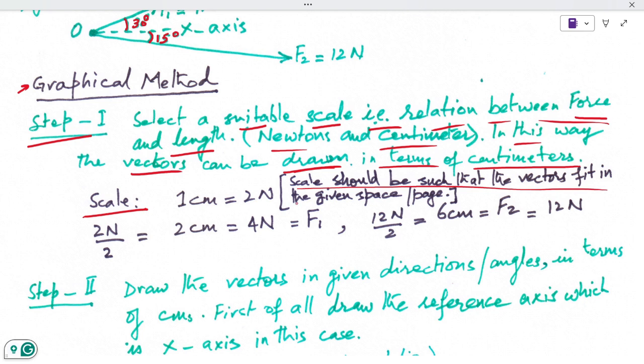In this case, I have selected a scale of 1 centimeter representing 2 Newton. Then your vector 1 or F1 works out to be 2 centimeter and F2 works out to be 6 centimeter.